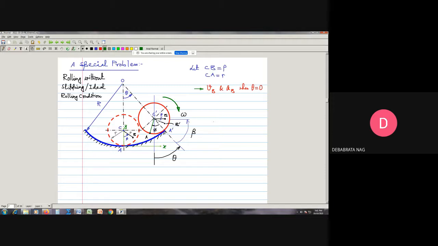So this is where the point goes. And while it describes this, it goes to this position along this circular path.